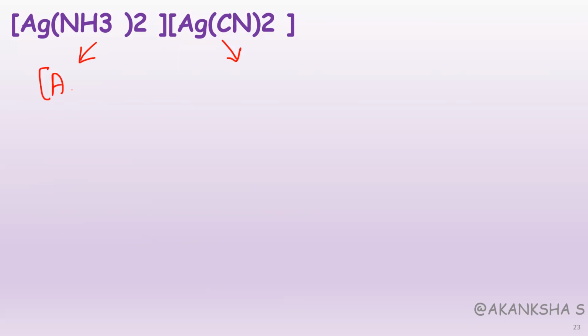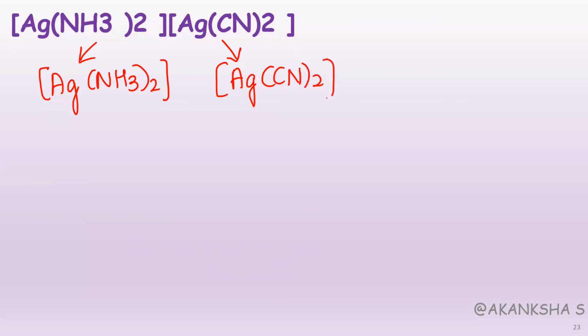We have Ag(NH3)2. We have another complex Ag(CN)2. Oh, but there is no charge on both of them. What do we do? Okay, we do something really good. We know CN is what? CN is an anion. There is a good chance that over here there can be a negative charge.